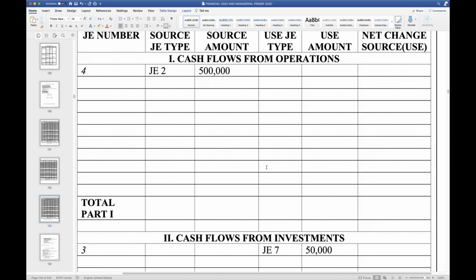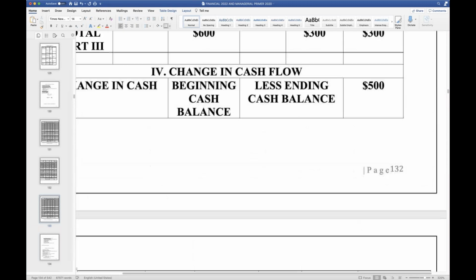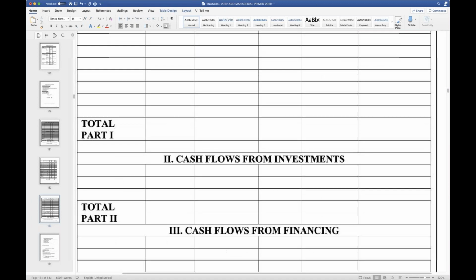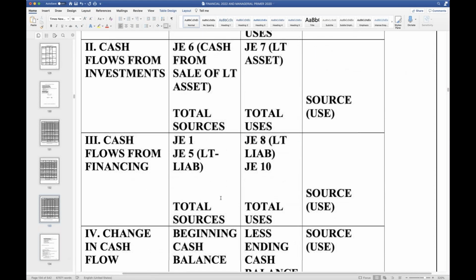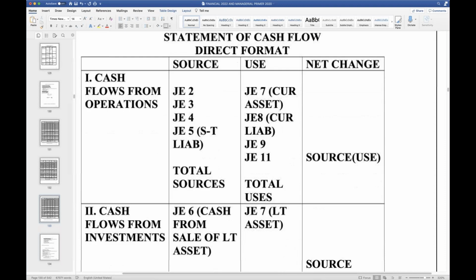So type 2 handles 3 and 4 of the journal entry types, and account type 1 handles journal entry types 1 through 2? Or are you just placing them where the journal entries go? Oh, okay. Journal entries 2 through 5 are going to go in operations.